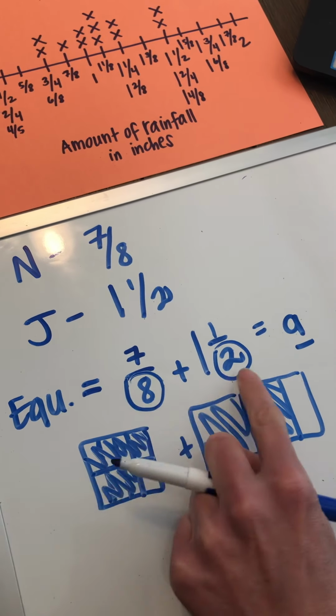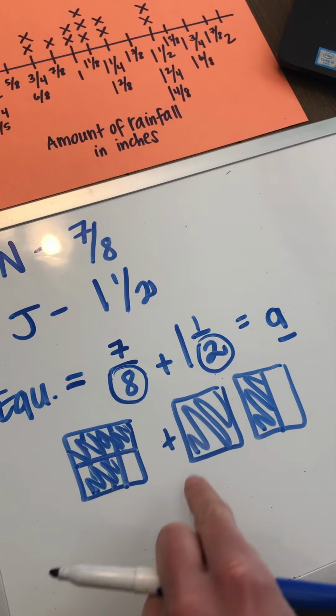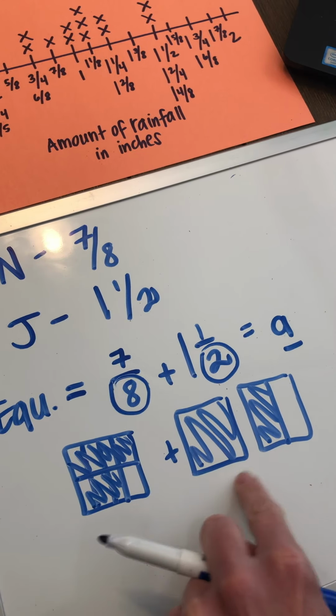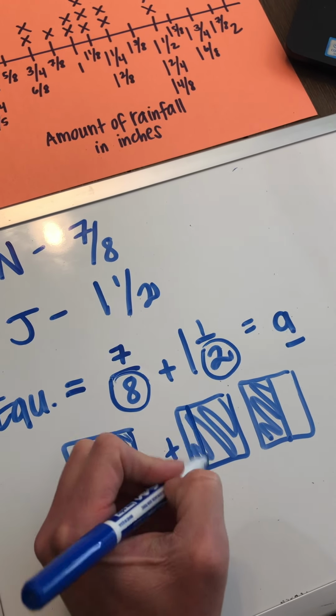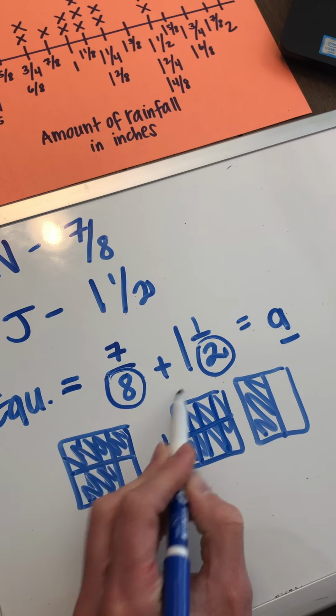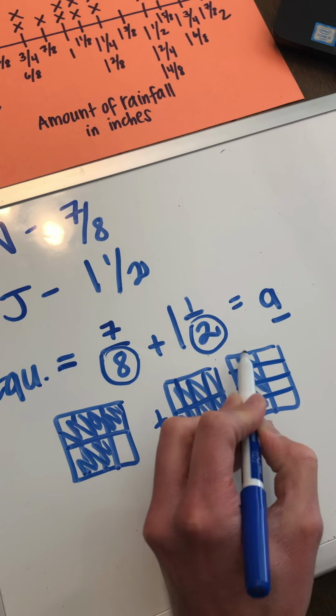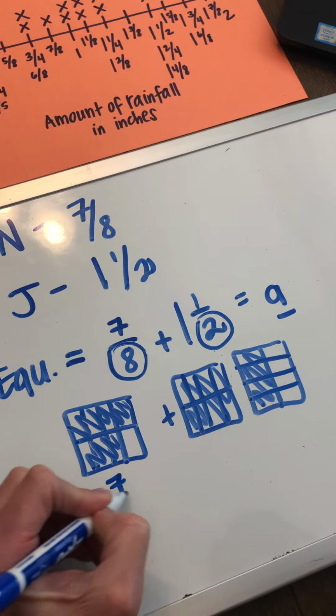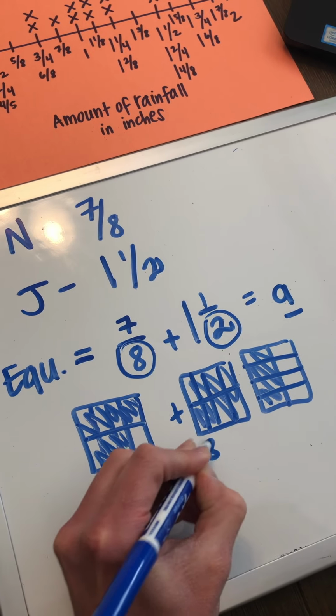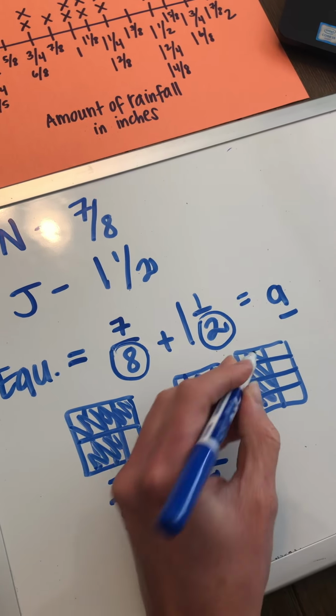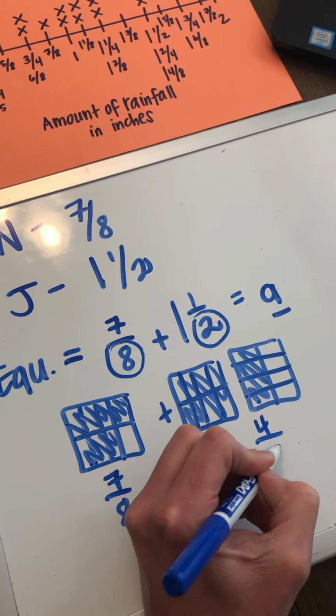But if I know that they have to have the same number of pieces, I would have to make these halves 8ths. Well, that would be 8/8 because that's a whole. And this will be 4/8. So I've got 7/8 plus 8/8 plus 4/8.